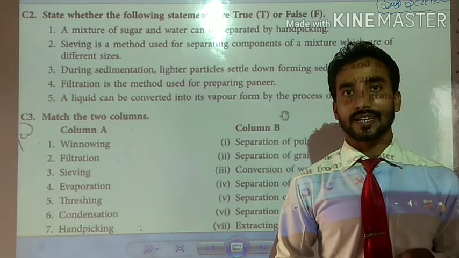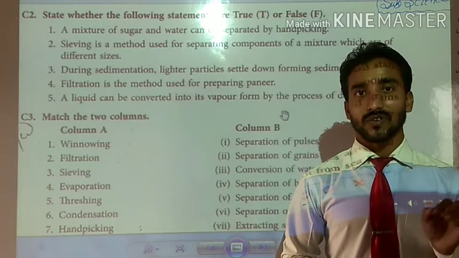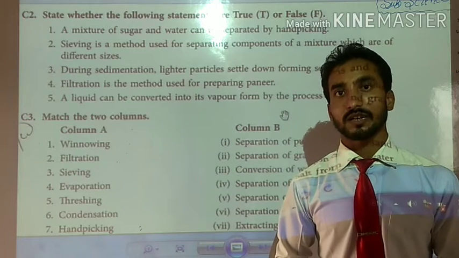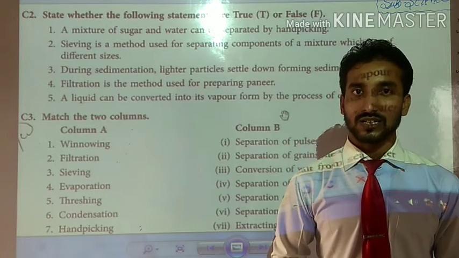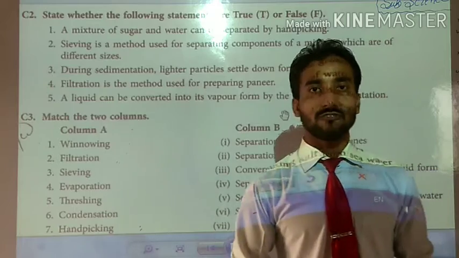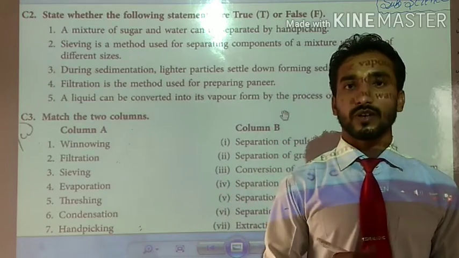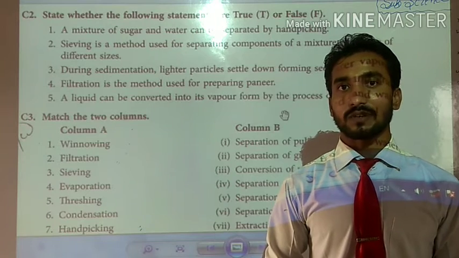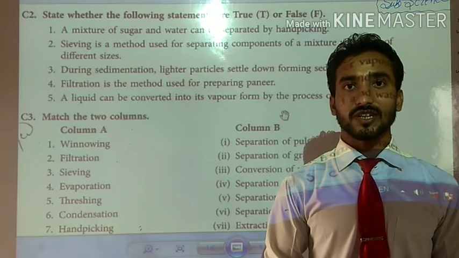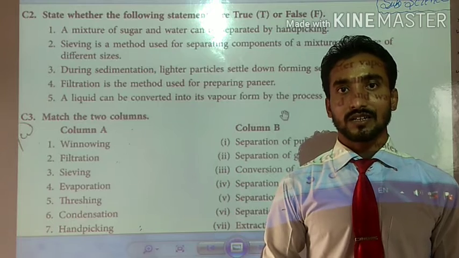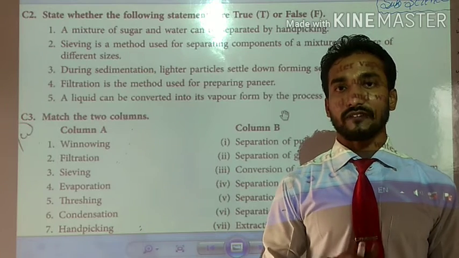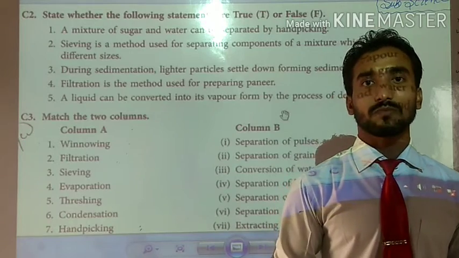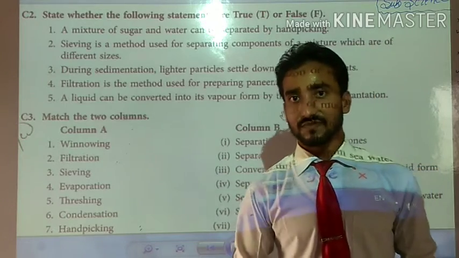If required, write the question number and the complete answer. And second, whenever you are doing your paper, please mention your name, class and roll number. This information is mandatory before submission of the paper, otherwise evaluation will not be done.